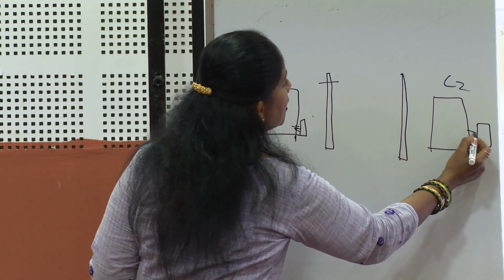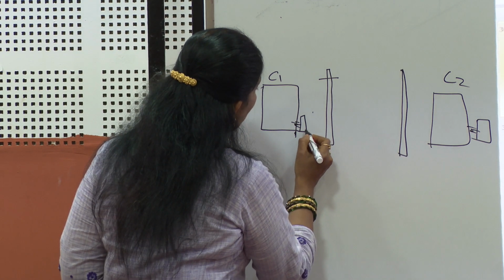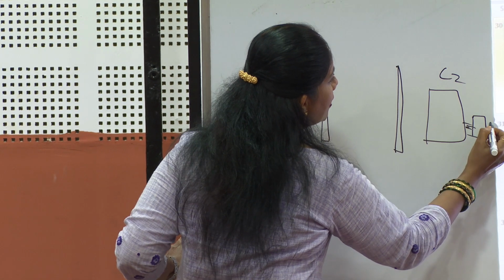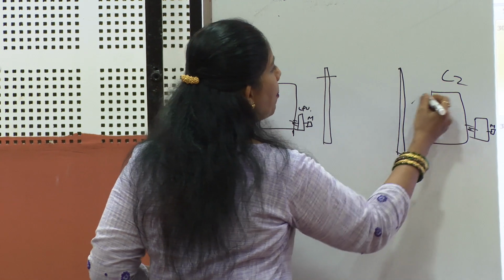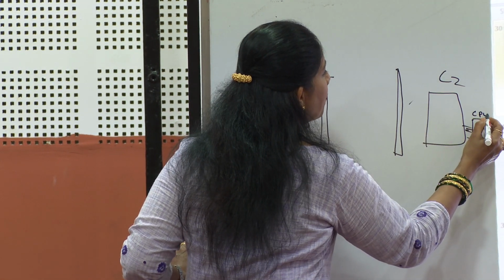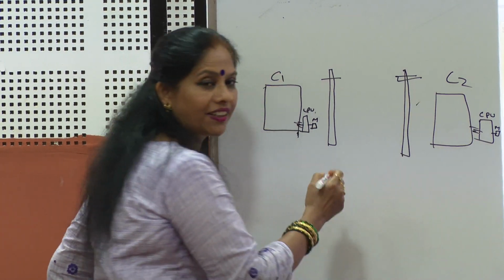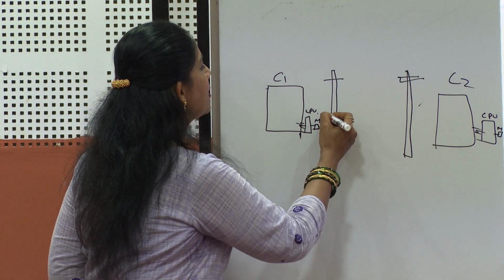You have a CPU here and a CPU here. Your computer is connected to the CPU, and this is your screen. Now you have connected a modem here, this small one, M means modem. This is your big screen CPU. This is your telephone poles, and your modem is connected to this.